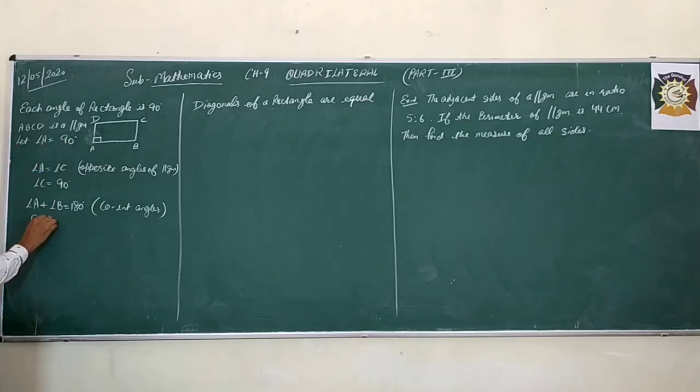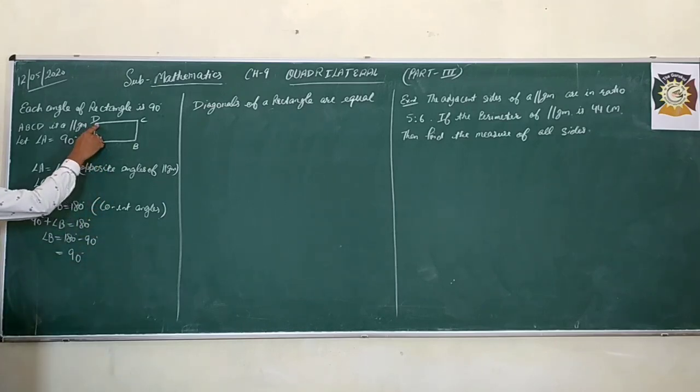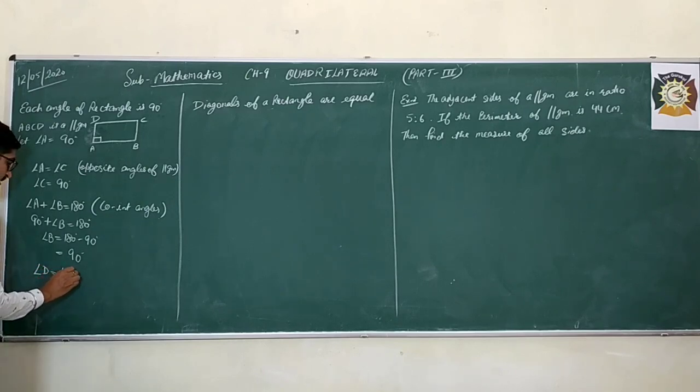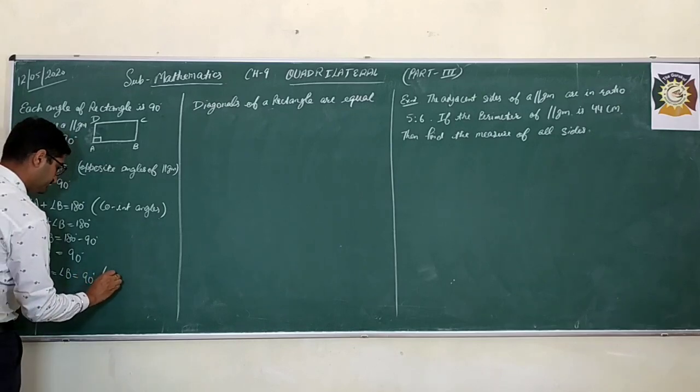So 90 plus angle B is equal to 180, and angle B is equal to 180 minus 90, that will be 90 degree. And the angle D is opposite to angle B, and in a parallelogram we know that the opposite angles are equal. So angle D is equal to angle B is equal to 90 degree.